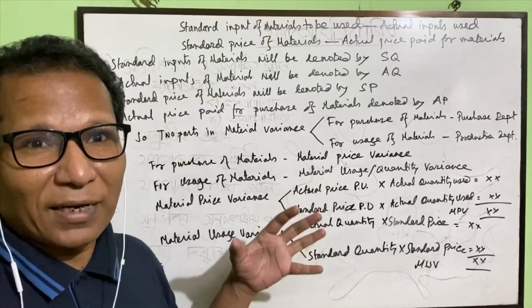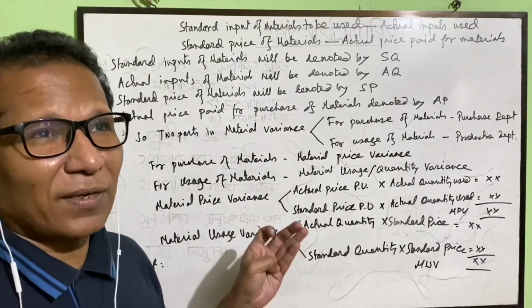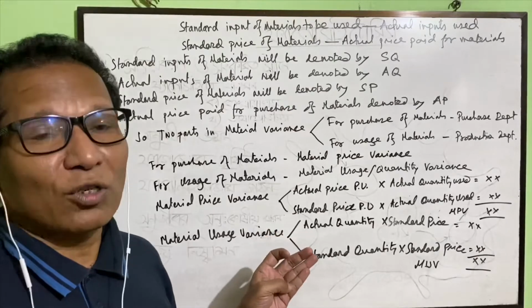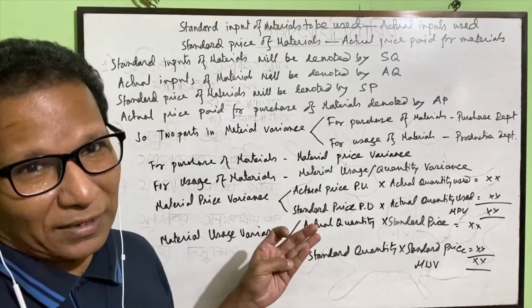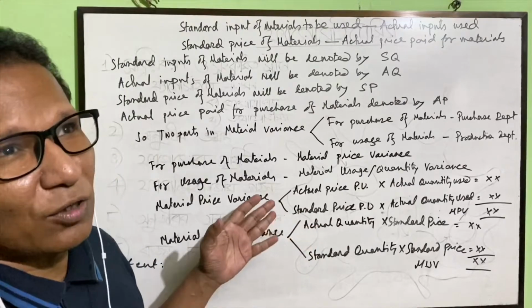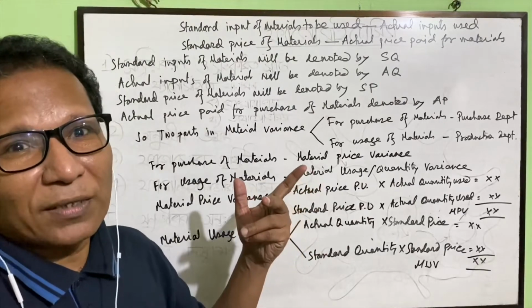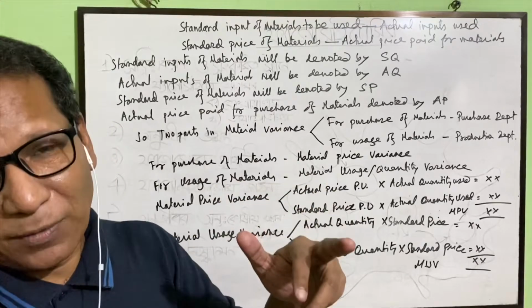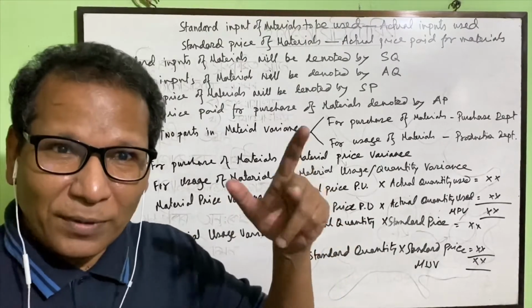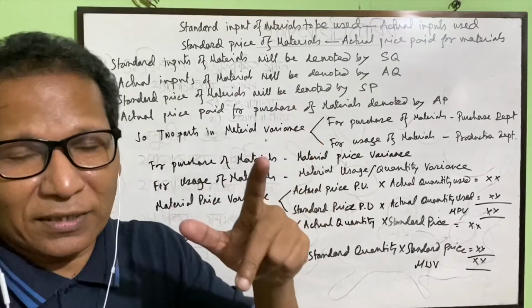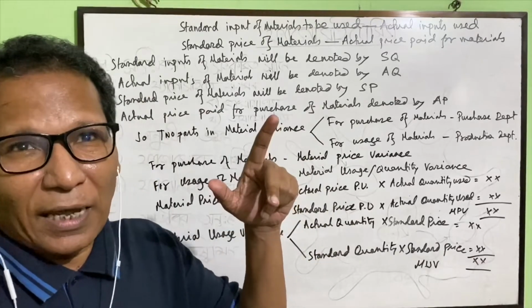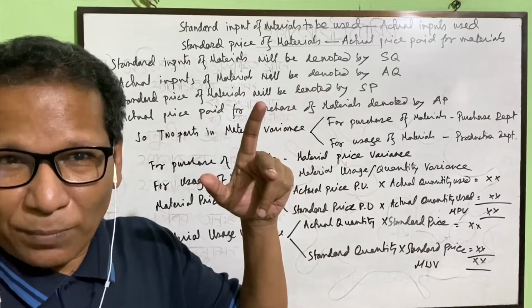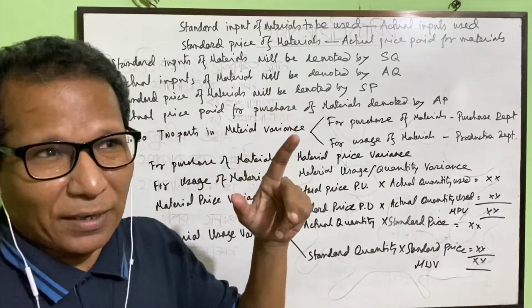But what are the material variances? At first we have to calculate material cost variance, that is the total variance of material for use and for price. Material cost variance is divided into two variances: material price variance, that is only for deviation of price, actual and standard, and material usage variance, that is deviation of actual use of material and standard use of material.